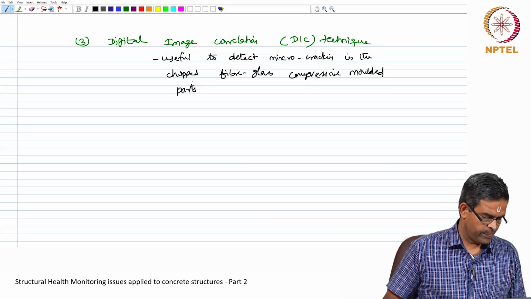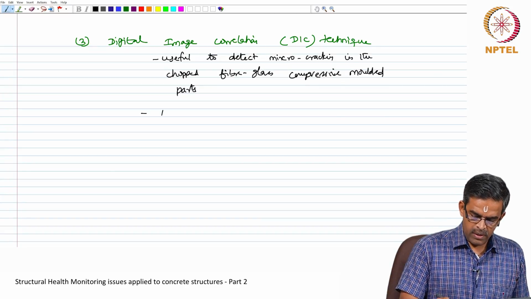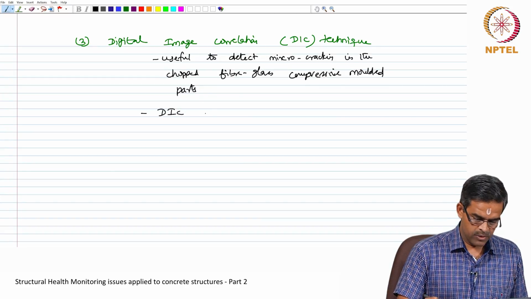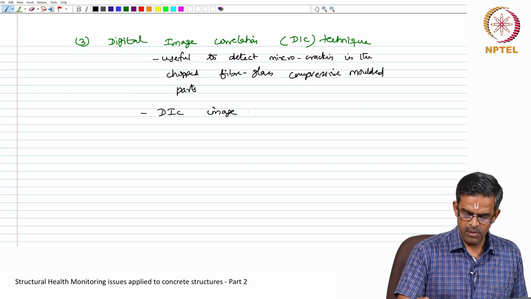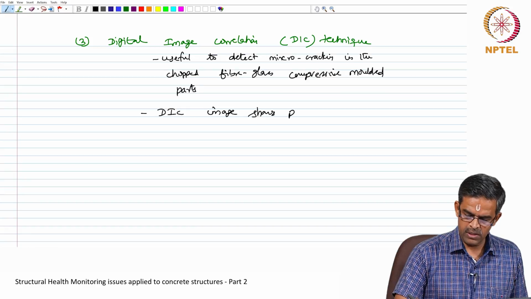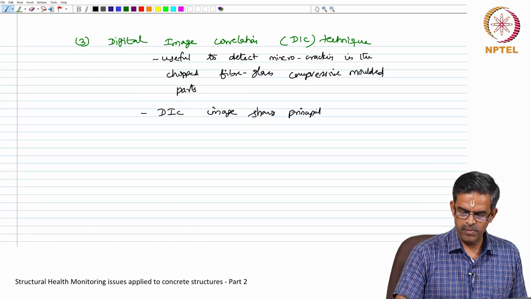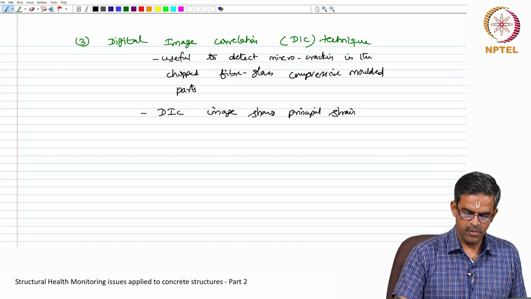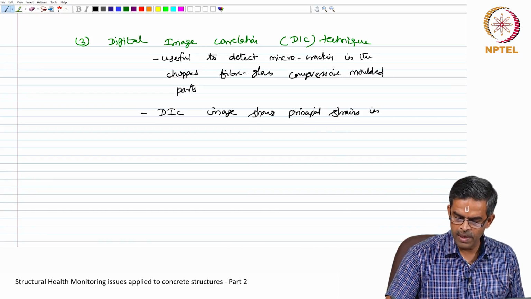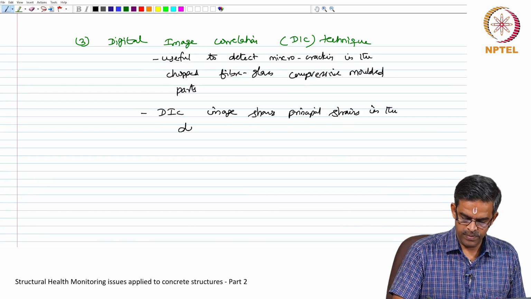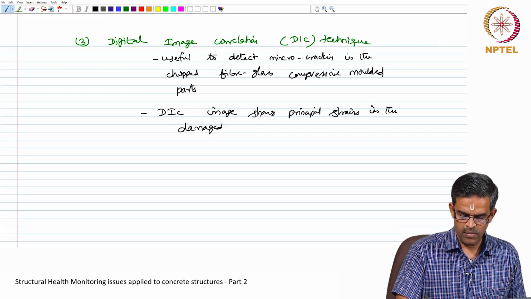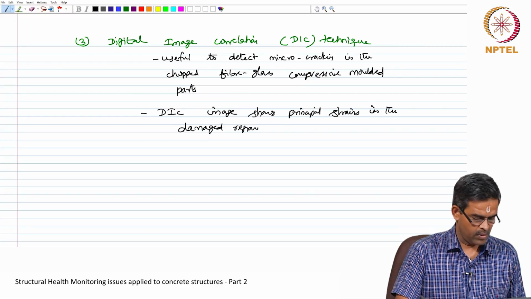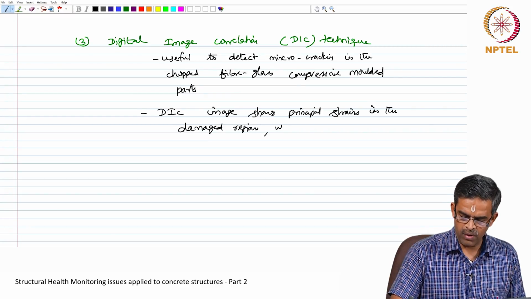DIC image shows principal strains in the damaged regions where cracks are formed.